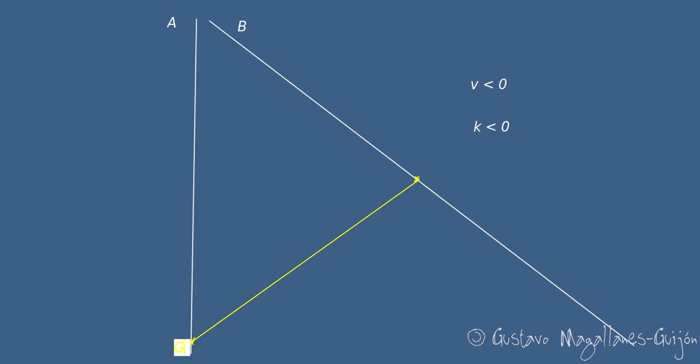This is the event G, the event G prima, and this event, as it is receding, travels in this manner. Remember that this angle is 45 degrees because this is the velocity of light in this kind of diagram.